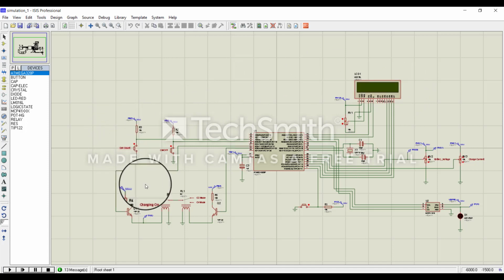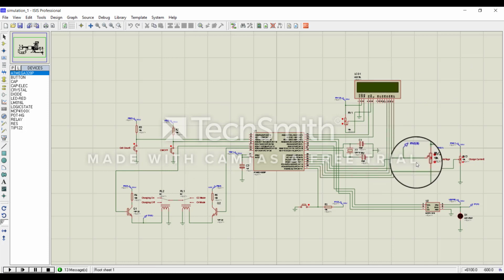We have also provided a start-stop button and a battery cell count set button in the form of push buttons. These buttons will generate interrupts when pushed, and accordingly we can set the cell count of the battery we are going to charge, and also start and stop the charging of the battery at any instant.